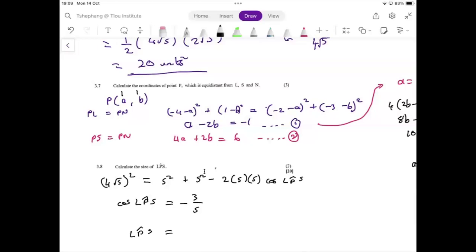Shift cos, and LPS must give you 126.87 degrees. Yes, Leloko, you're absolutely correct. Since LP is equal to PS, the triangle is an isosceles triangle. Hence, we have 5. You can just calculate only one of them.